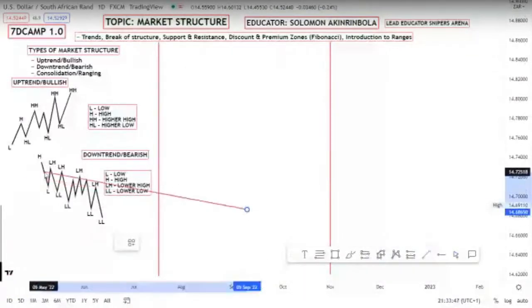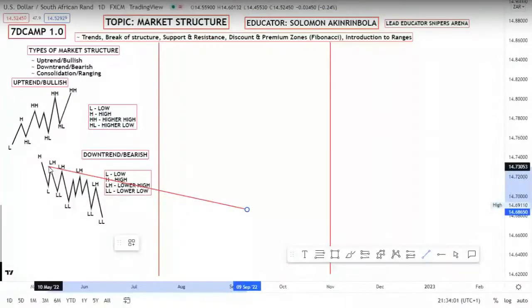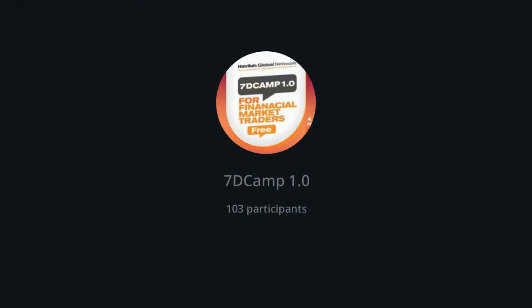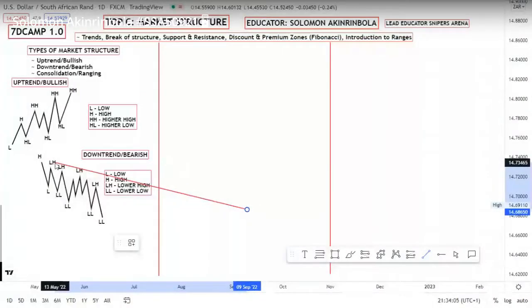So now, price and buyers push up, but the closure of the candle body, not the wick, on that particular time frame, closed below this, making it a lower high, which means it's a high, but it is lower than the previous high. Then sellers sell it down.